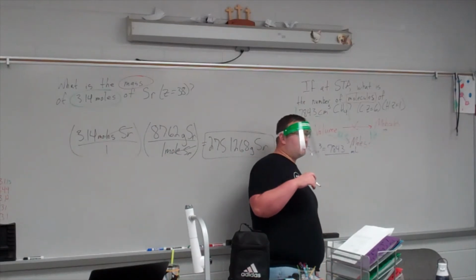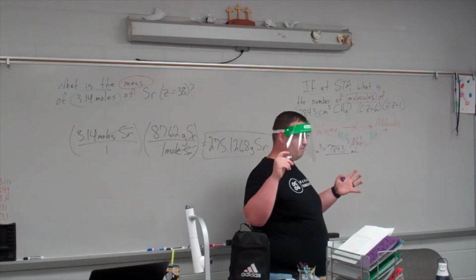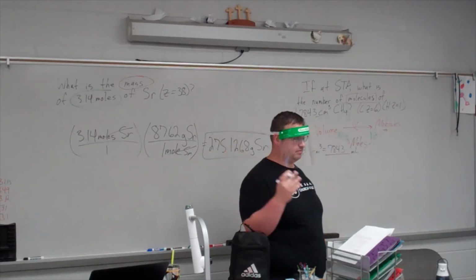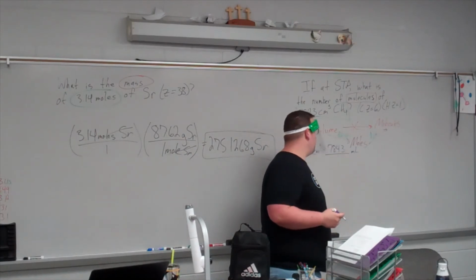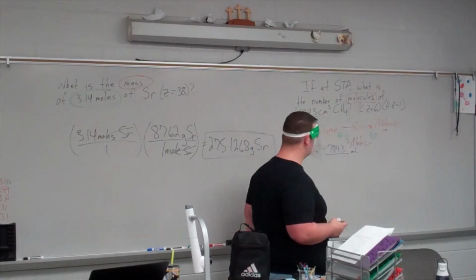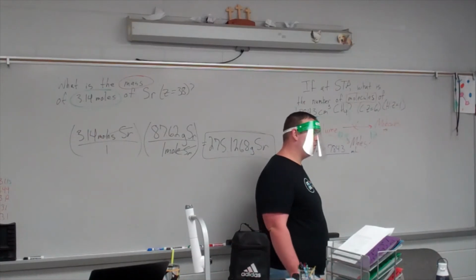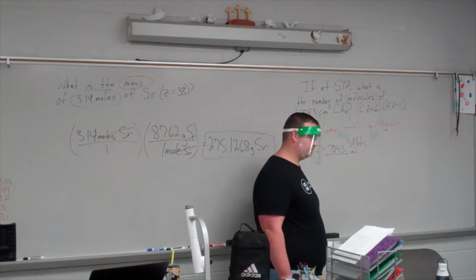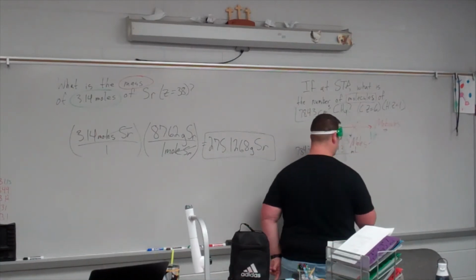If there's a number that's got times 10 to something, that needs to go with it. So 784.3 milliliters. All right, we good now? Can we do the conversion? No, because you have to go to liters. It has to be in liters.